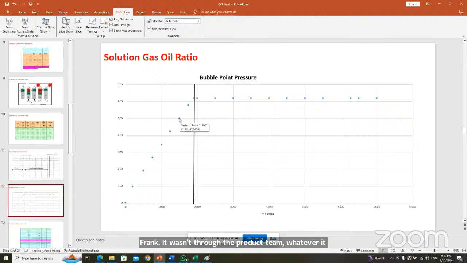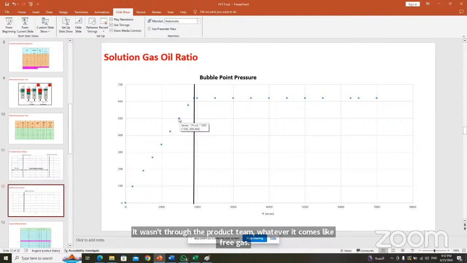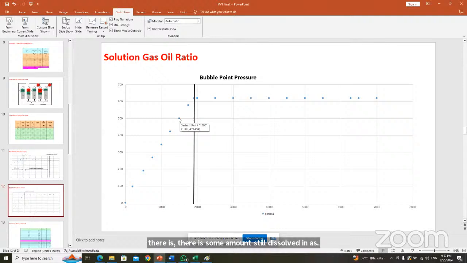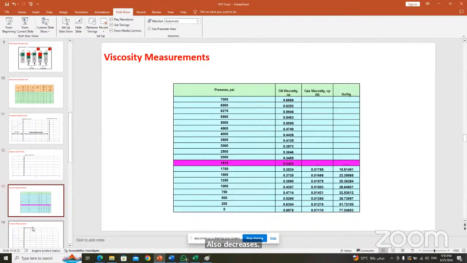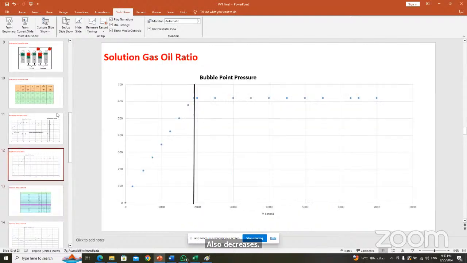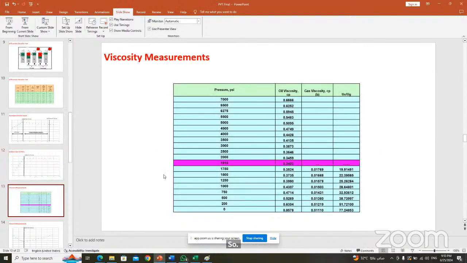At 1500 psi, we have 500 standard cubic feet still dissolved, etc. And as the pressure decreases, the amount of gas that's still dissolved also decreases. So that's for the CCE and the differential.